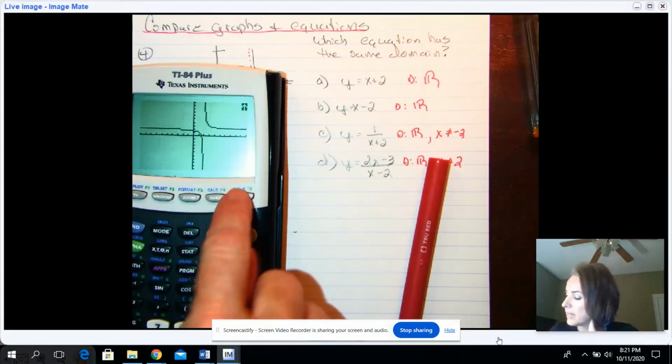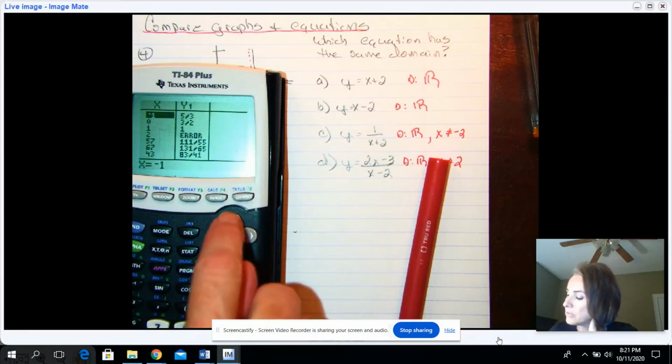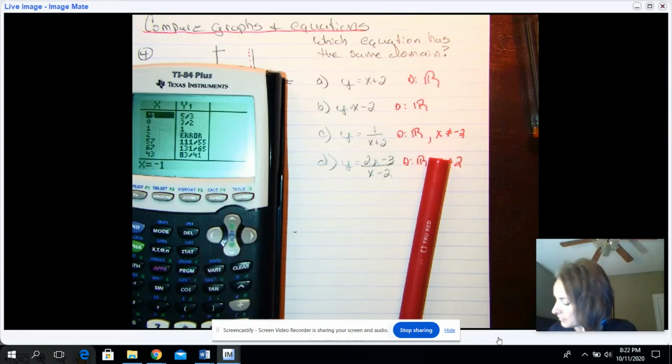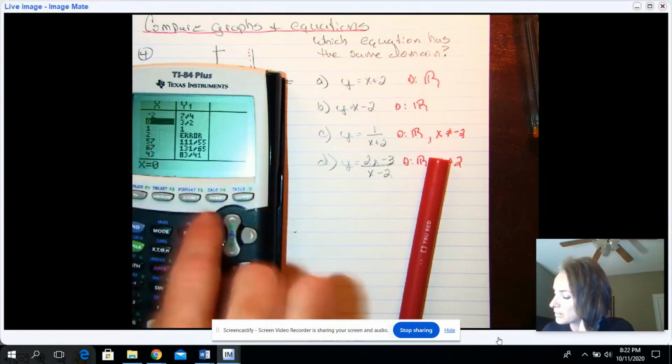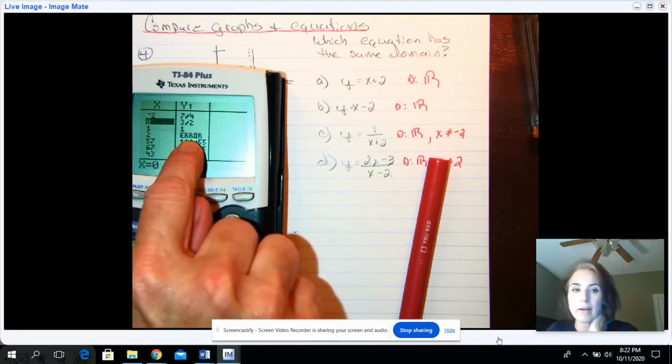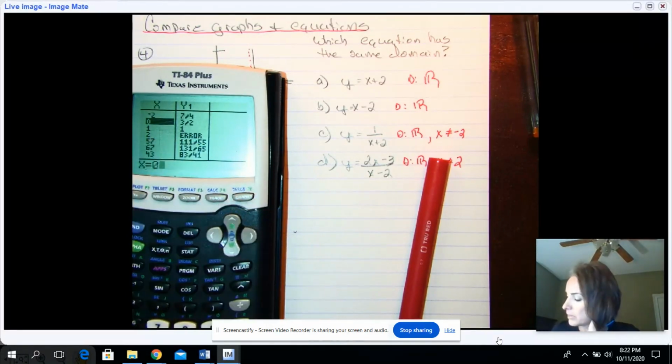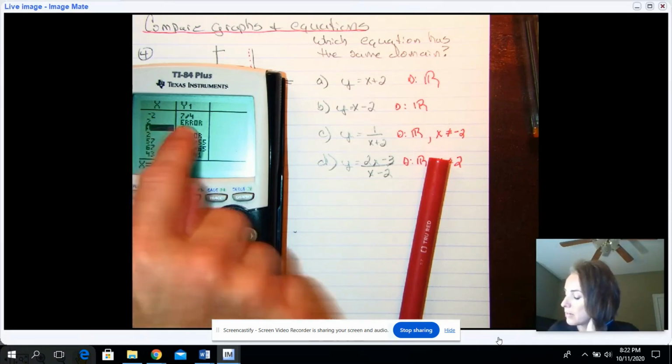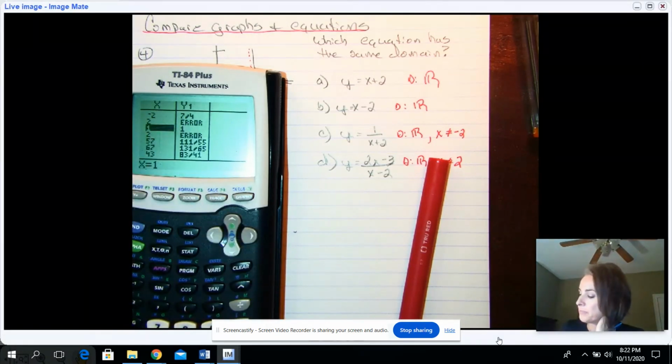And if you look at the table and go to +2, it says error. If I put in a +2, it'll say an error because it cannot equal +2.